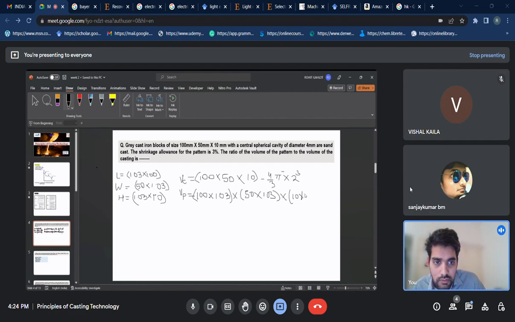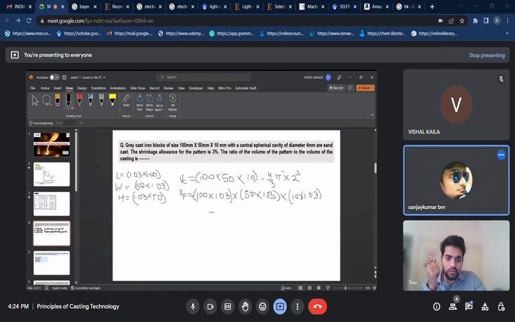Here the width will again be taken as 50 multiplied by 1.03, and then comes your height, which will also be taken as 10 multiplied by 1.03.